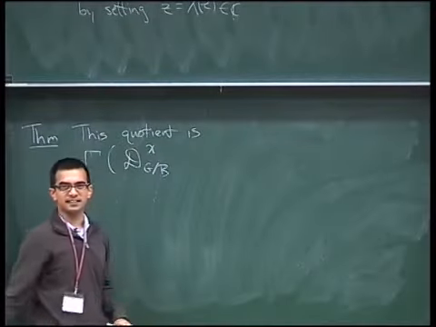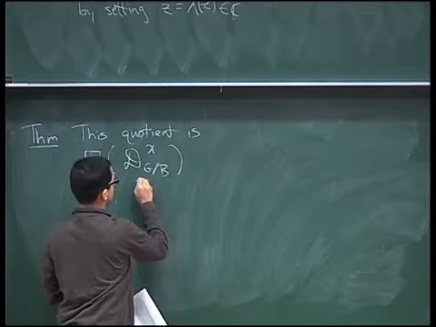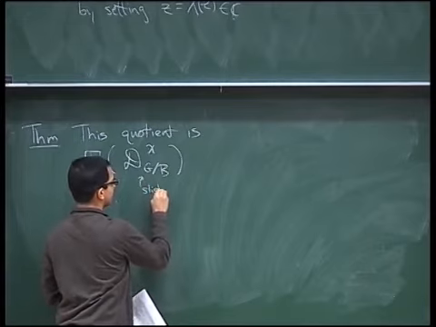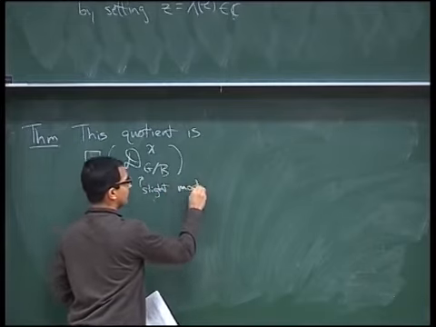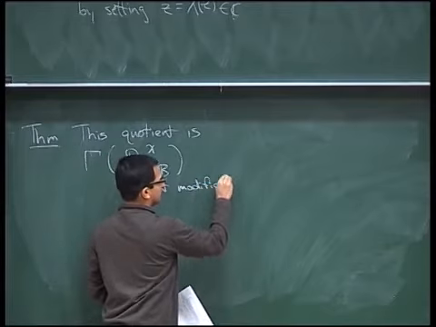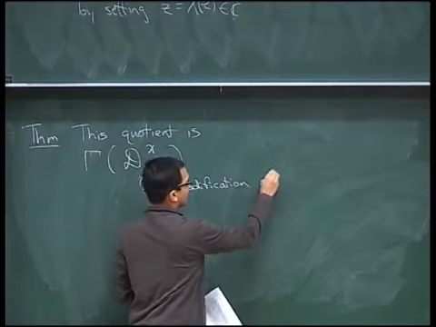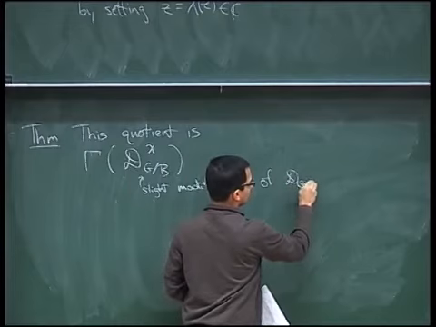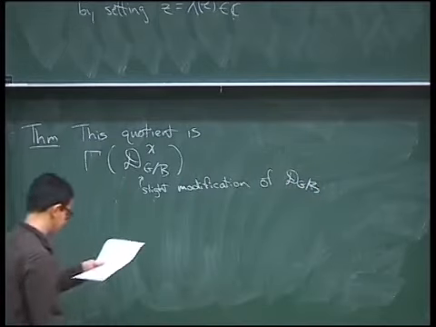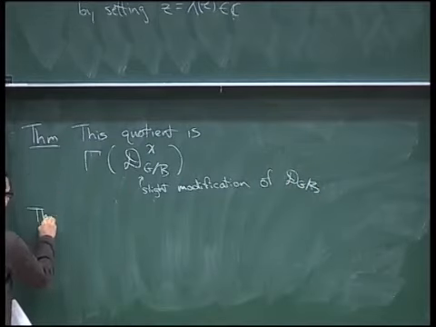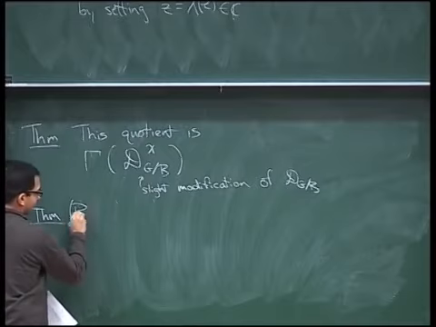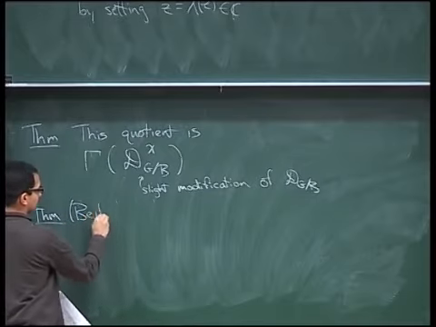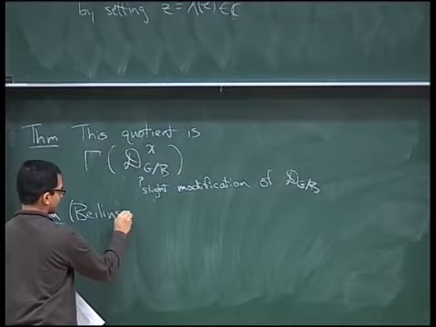Not exactly. It's some slight modification that depends on the central character. But anyway, it's closely related. And then there's more. I guess both of these are due to Beilinson and Bernstein.